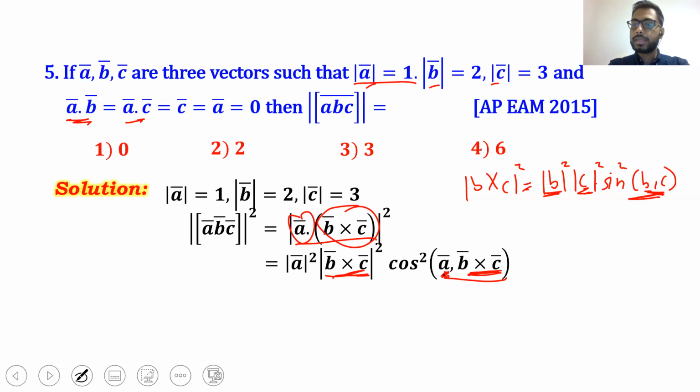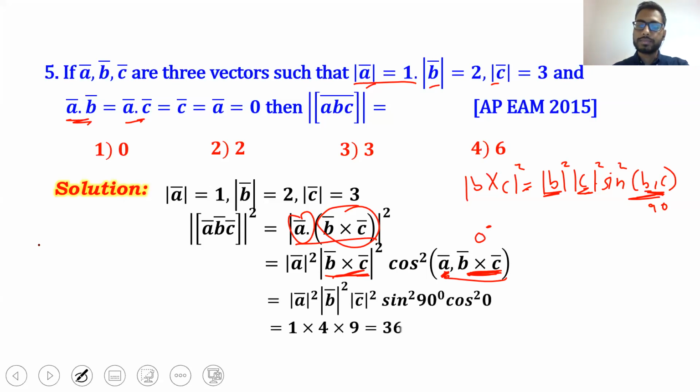So the vector A bar and the perpendicular to B and C plane are going to be parallel. Therefore, the angle in this particular case is going to be 0 degrees, and cos 0 is equal to 1. Similarly, the angle over here is going to be 90 degrees and sin 90 is 1. All the remaining values we can substitute to get an answer.